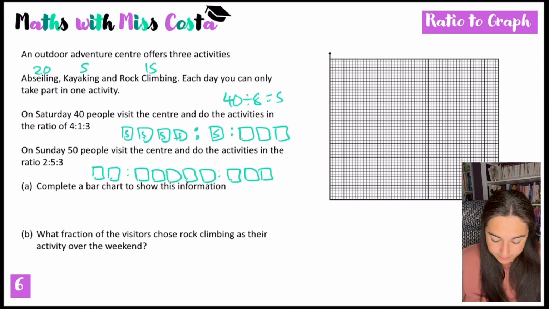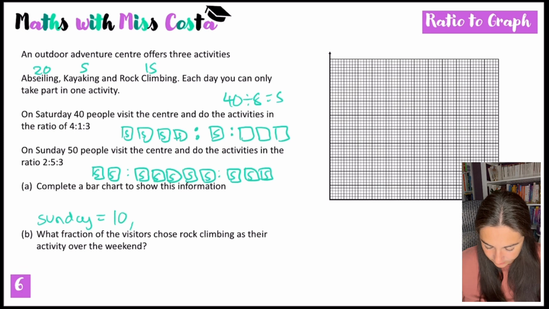So we do 50 split into 10 parts. So once again, that's 5 for each part. So therefore, the people on Sunday is 10 for abseiling, 5 times 5 is 25 for kayaking, and 15 for rock climbing. On Saturday, it's 20, 5 and 15.